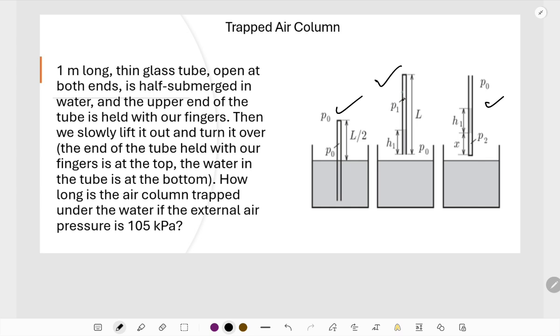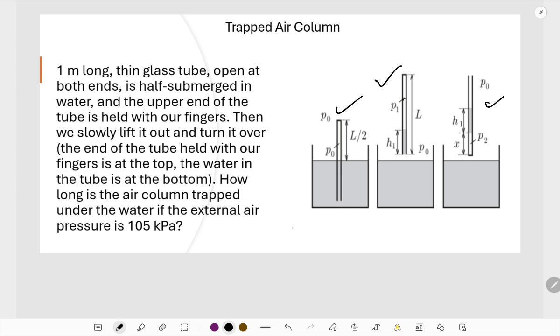Its pressure must have changed because its volume has changed and the temperature has not changed. Since the process is completed slowly and carefully, its temperature is not going to change.